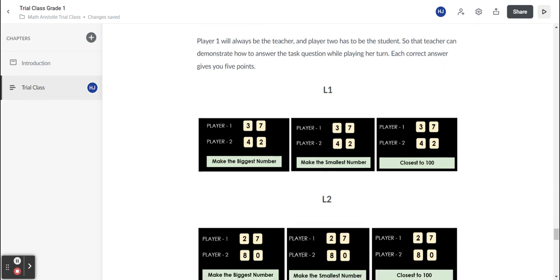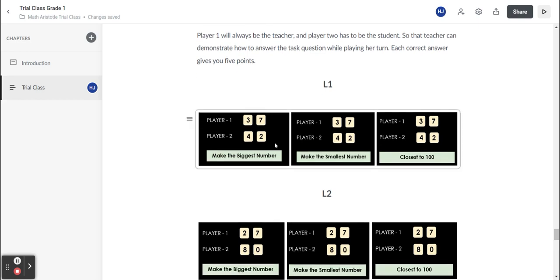Now, let's come back to the questions. The task. Here there are two digits given in level 1, right? The two digits for player 1 are 3 and 7, and for player 2, it is 4 and 2.